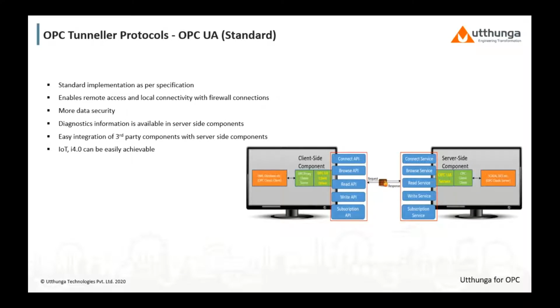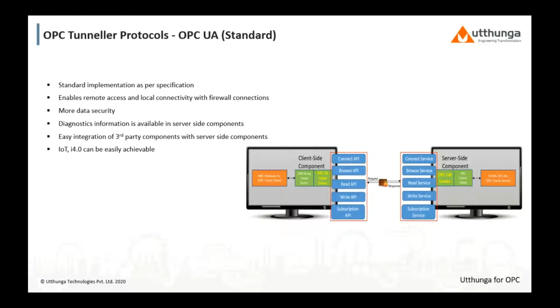Okay, so let's see the OPC UA protocol in OPC Tunneller. It's a standard implementation as per the specification provided by the OPC Foundation, and it also enables remote access and local connectivity across firewall connections. And of course, it has more data security compared to a REST service, which we covered in the previous slides. One more important thing is that it has diagnostic information at the server-side components.